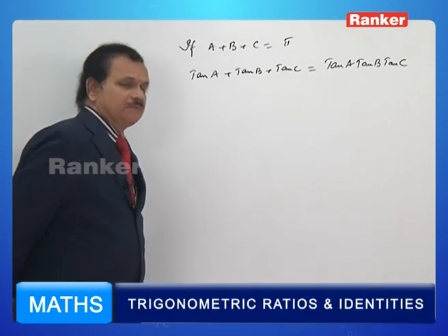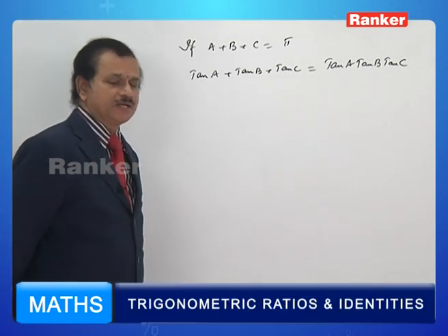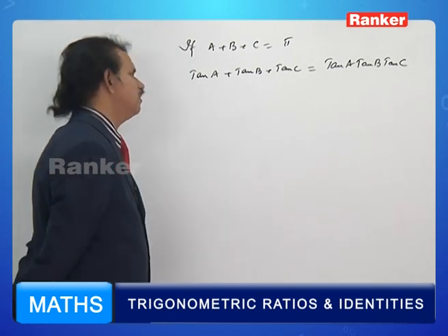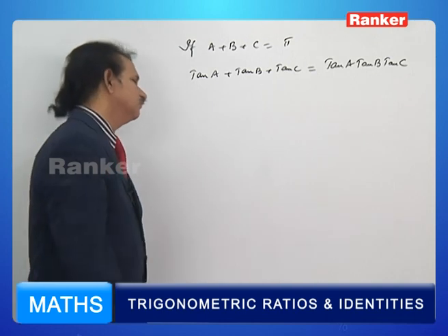That is, if A plus B plus C is 0, 180, 360, or 720, any multiple of pi you can have.